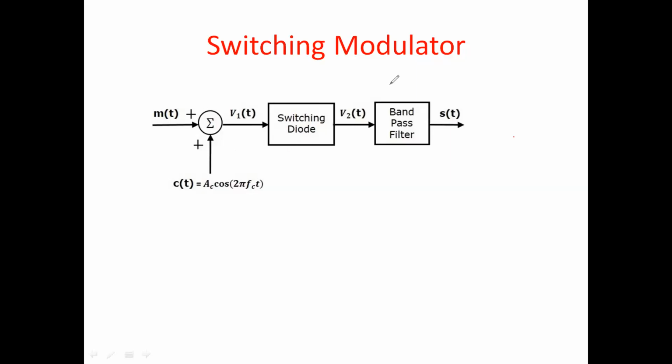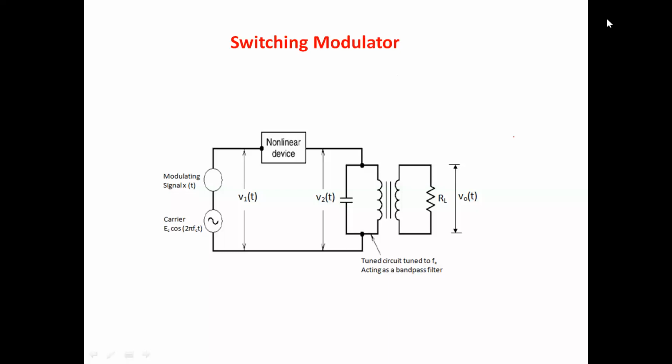Let us go in detail about the working of this diode. You can see the circuit diagram of the switching modulator. So here the carrier wave and a modulating wave are added and it is given to a non-linear diode.